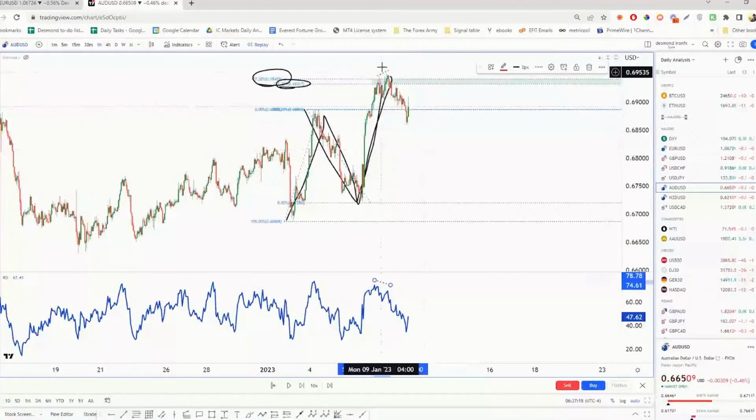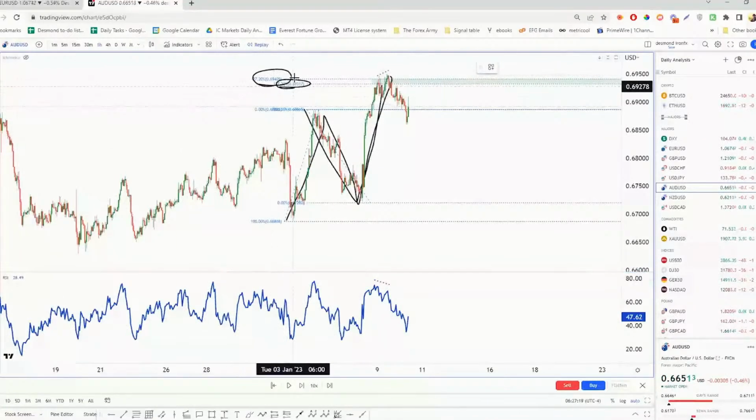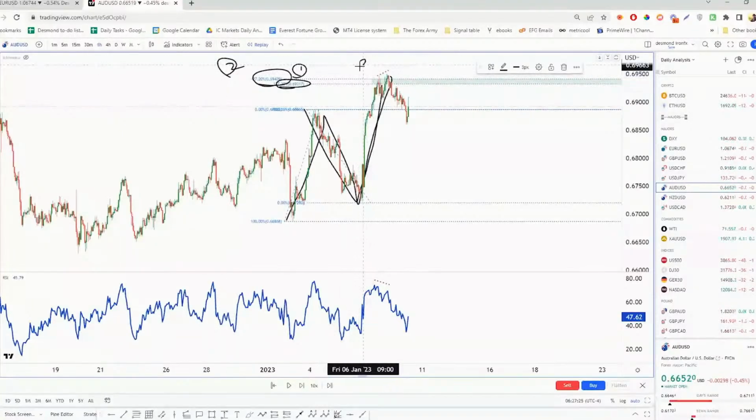So in this example, it's a bearish divergence. We have not only the 127, not only the negative 27, we also have a bearish divergence versus RSI. So that gives you a good probability that price is going to drop.